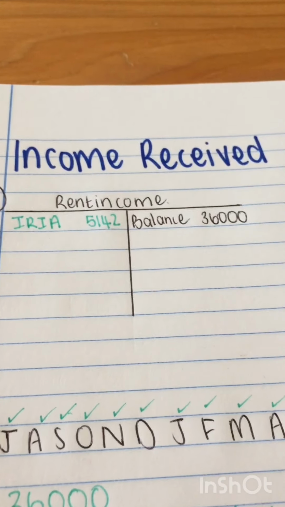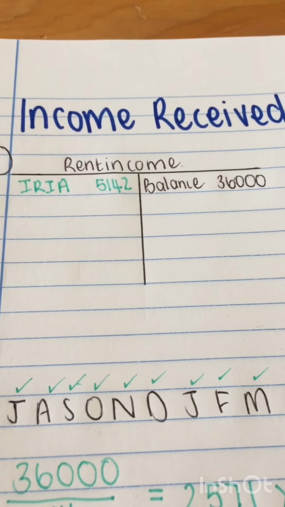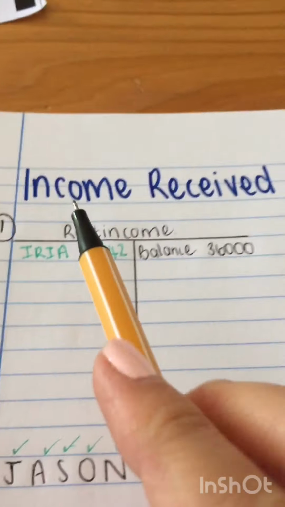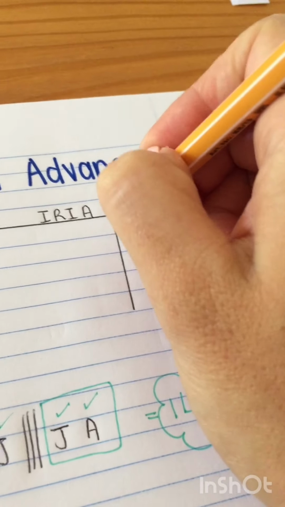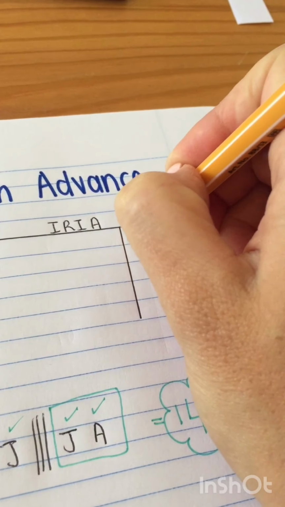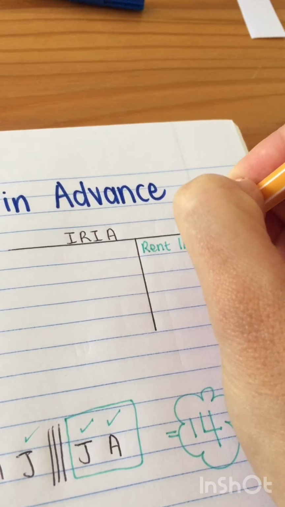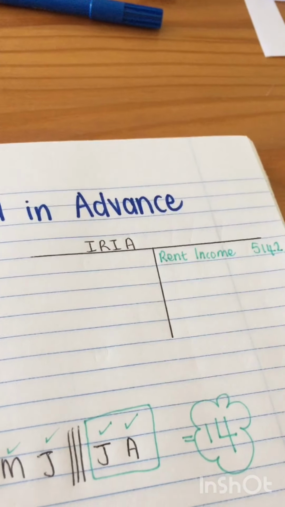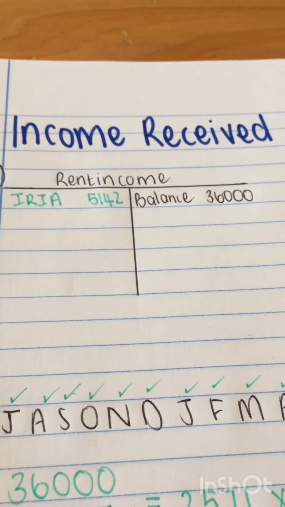Please remember, whenever you do something in a test or in an exam, you must always write everything out. So one account is debited, therefore the partner will be credited. Rent income 5,142. Okay, now we move back to rent income.